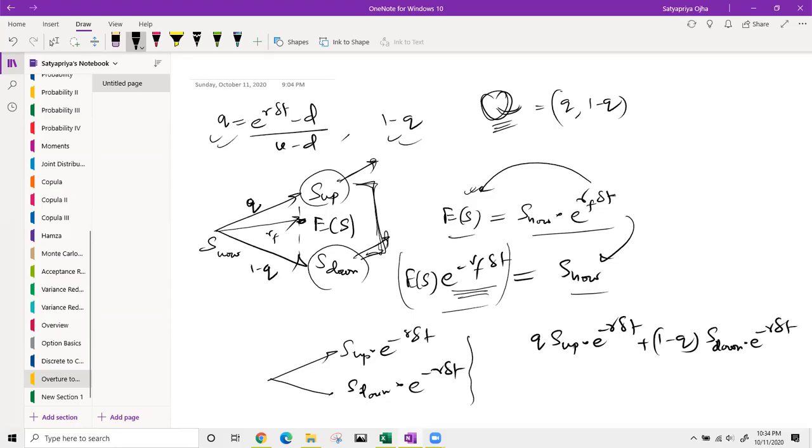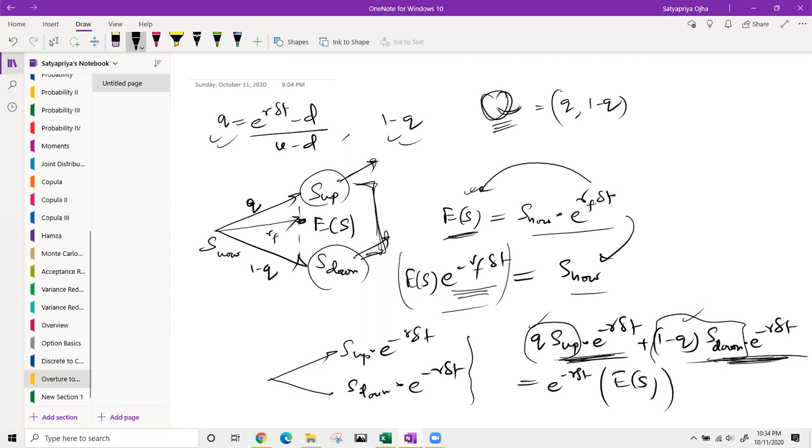Under probability measure Q, the expectation of the discounted stock price is e to the minus r delta t, taken outside, times Q S up plus 1 minus Q S down, which is nothing but the expectation of S. And I know the expectation of S grows like this. So if you plug in this value, it becomes S now. It's very, very simple.